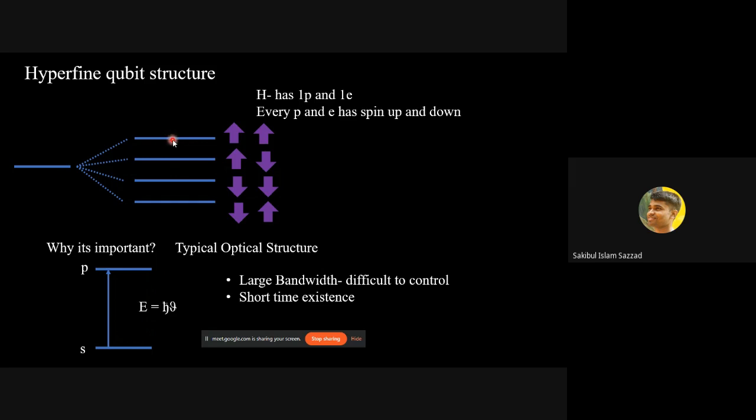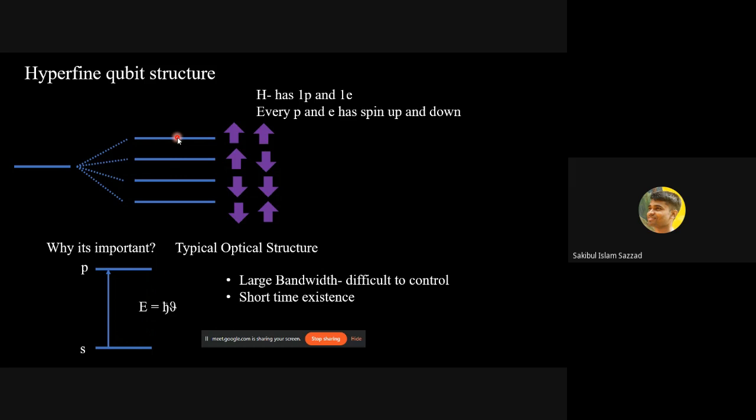That's how we get the width. The narrower it is, the more hyperfine it is. So our main job is to make it more hyperfine, which means we have to narrow this energy level.